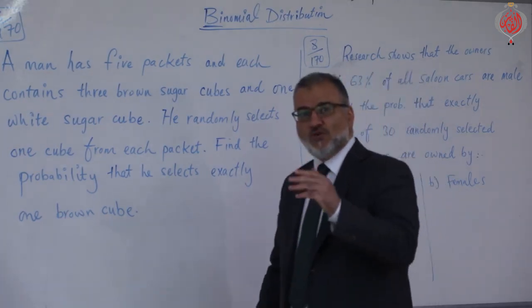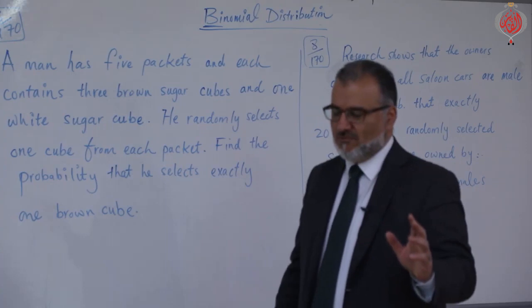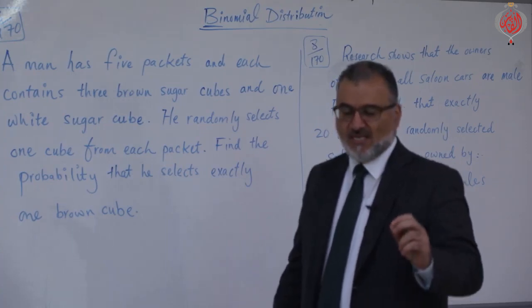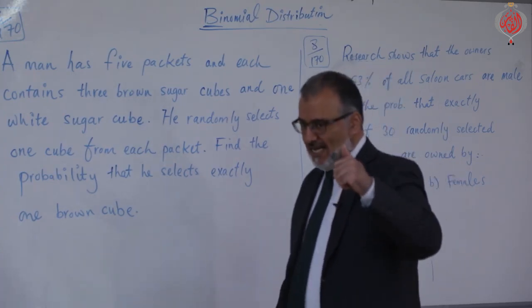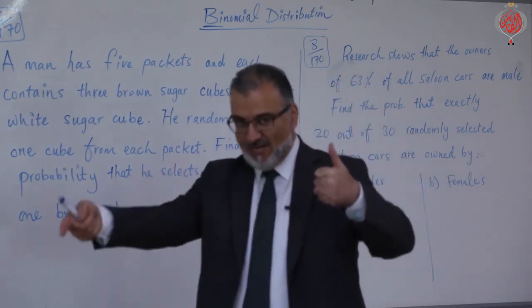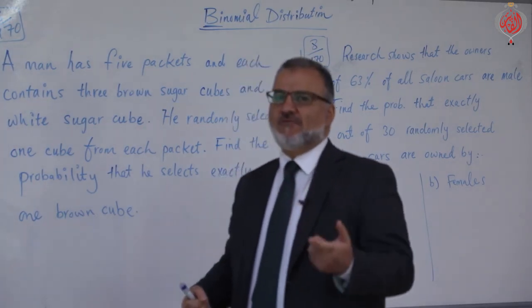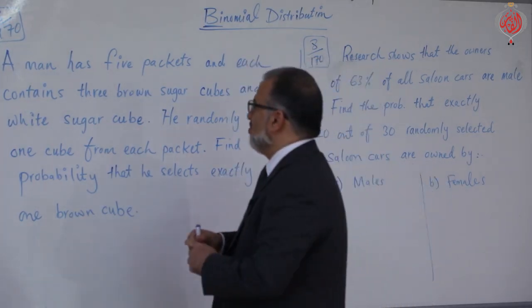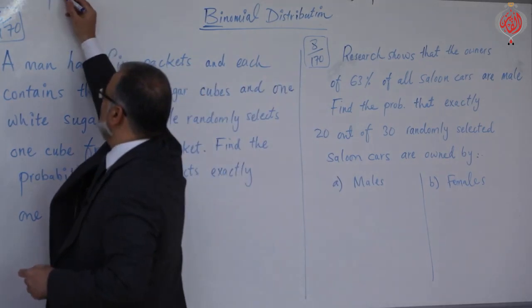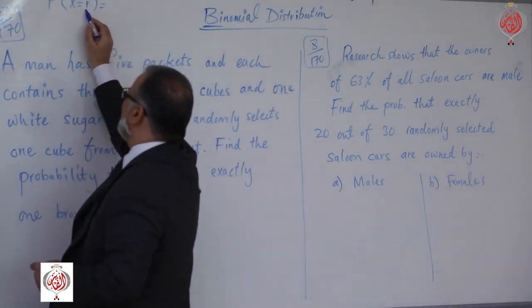Don't forget also that we have 2 major parameters in the binomial distribution. What are they? They are n and p. n is the number of repeated trials, and p is the probability of success. And the formula of the binomial distribution: probability of x equals r. What is r?